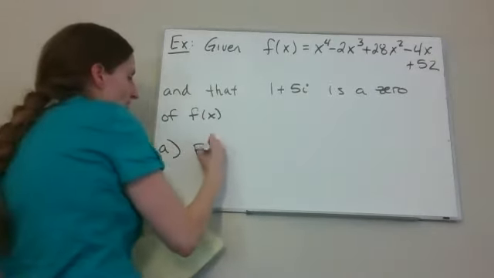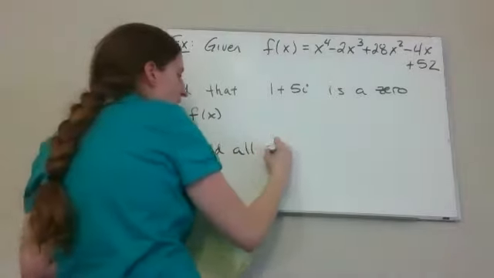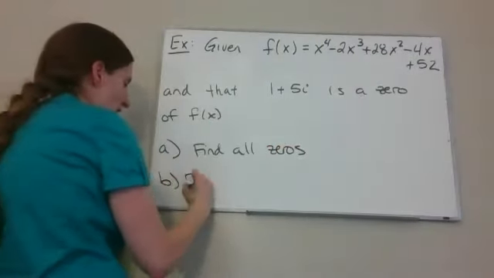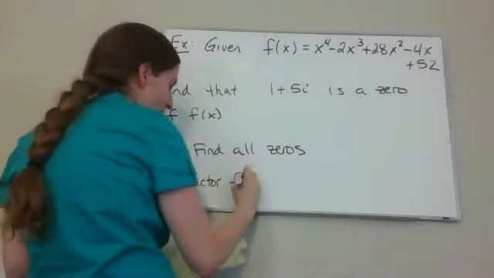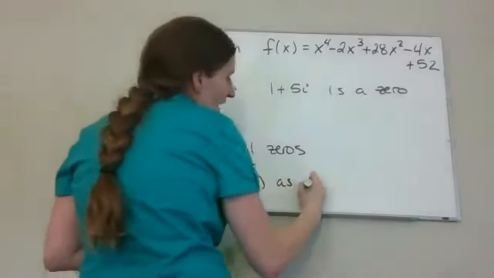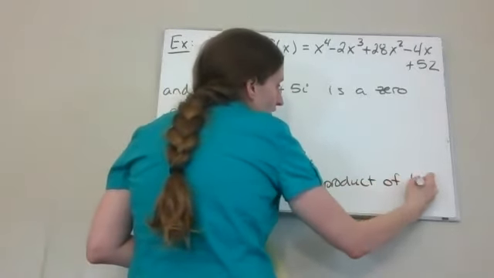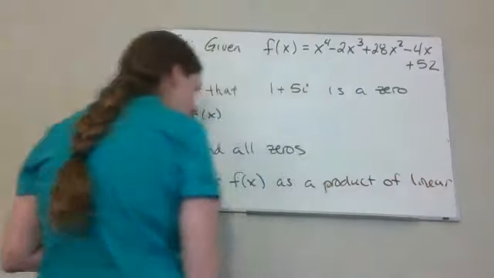We are going to find all of the zeros, and then we're going to factor f of x as a product of linear factors.